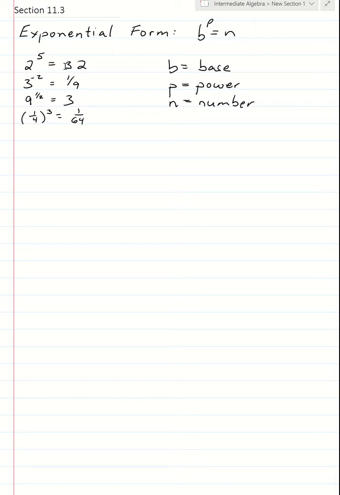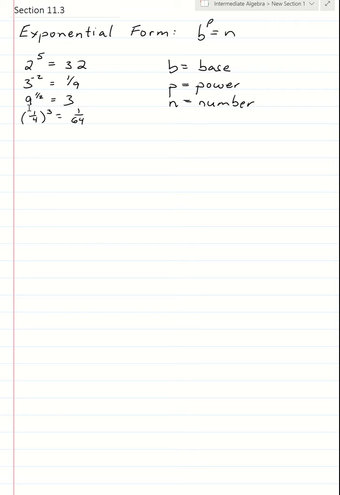And let's just take a look at these examples. For the first one, we have base 2 raised to a power of 5 equals the number 32. We have base 3 raised to the power of negative 2, and that equals the number 1/9.